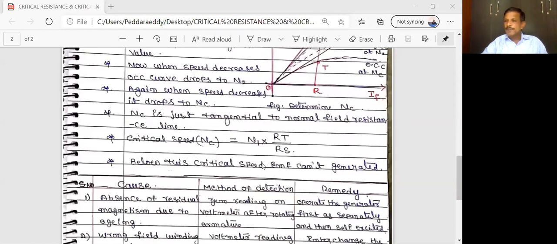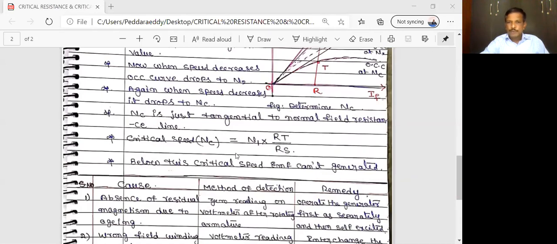Below this critical speed, EMF can't be generated. Earlier, above RC the EMF can't be generated; now below NC the EMF can't be generated. So the generator fails to excite or induce EMF below the critical speed or above RC. If the resistance is greater than the critical resistance, or the speed is less than the critical speed, the generator fails to excite.